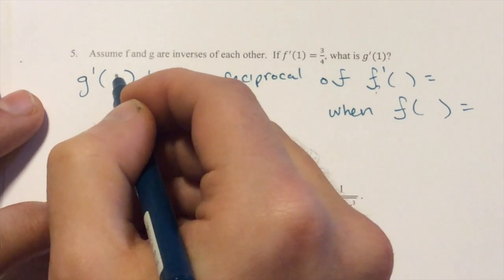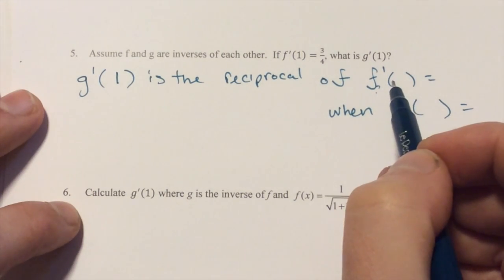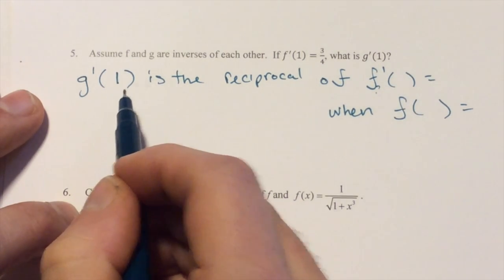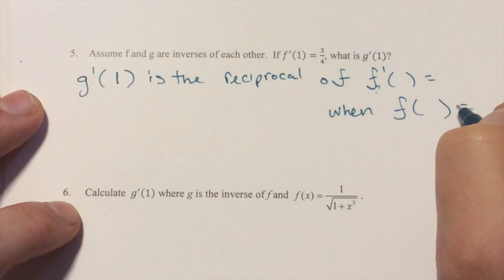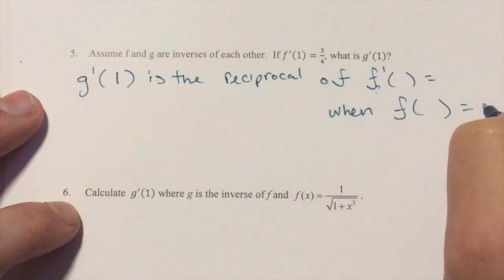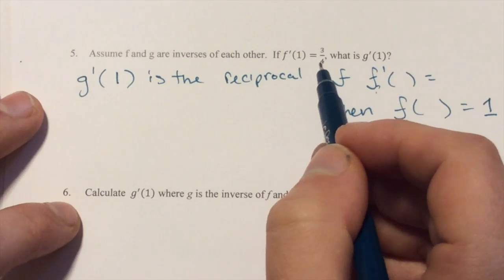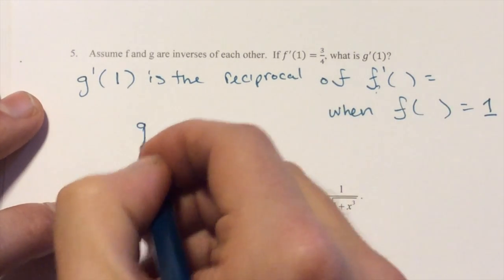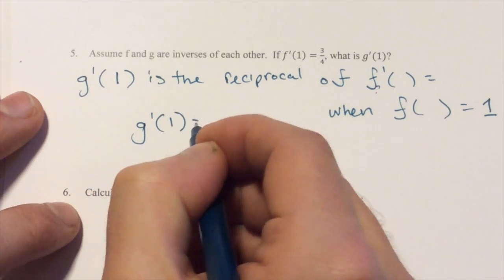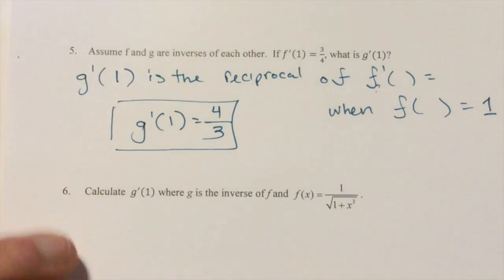So we want to know g prime of 1. Well, it's when f is equal to 1. We're assuming these are inverses, so what's the reciprocal of 4/3? G prime of 1 is 4/3. That problem's super easy.